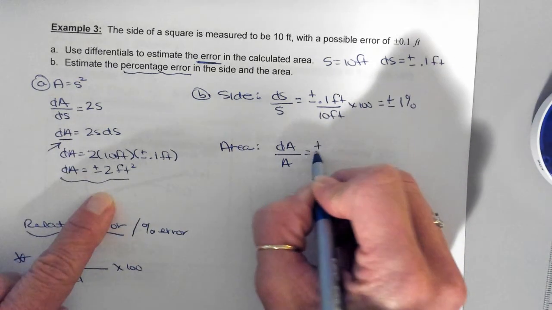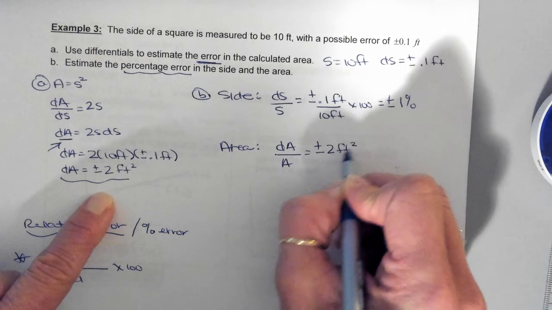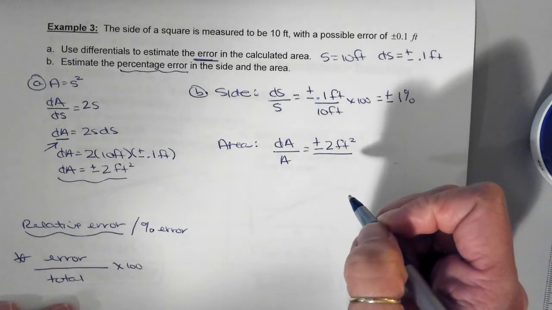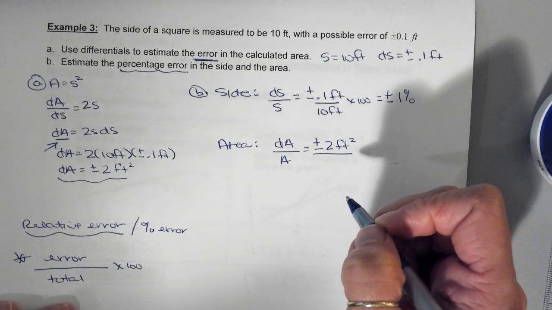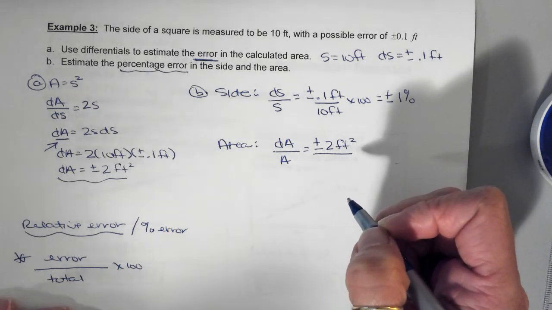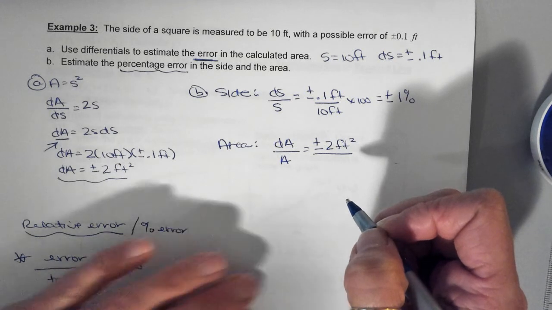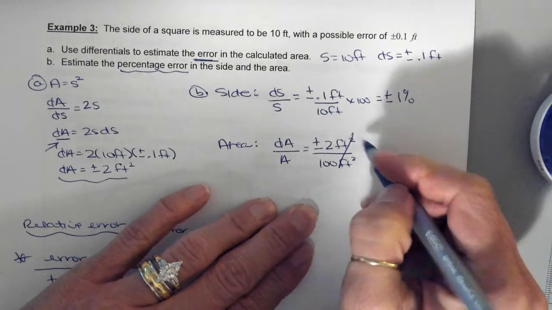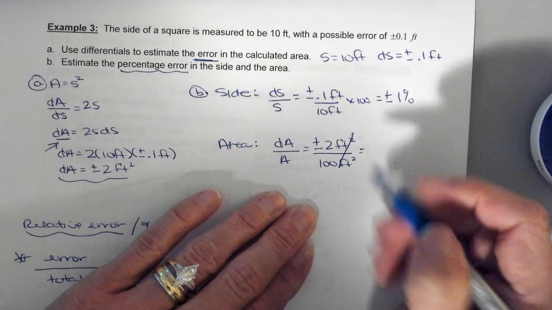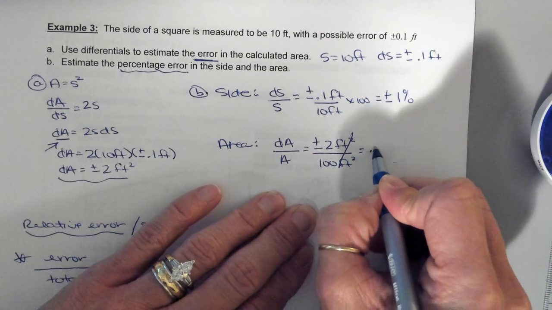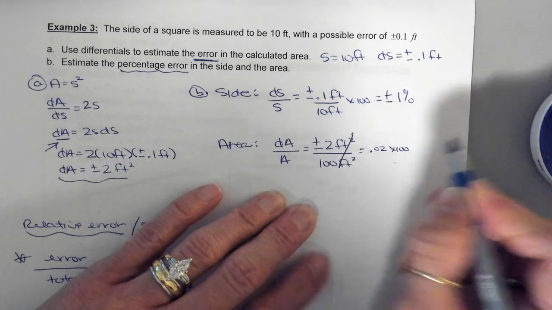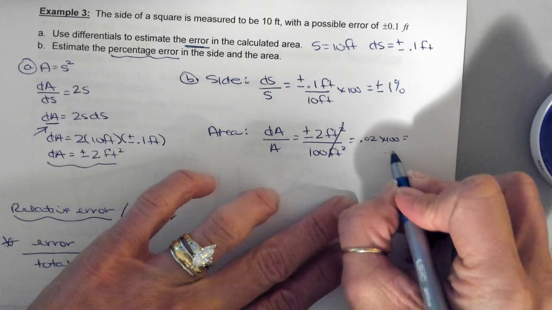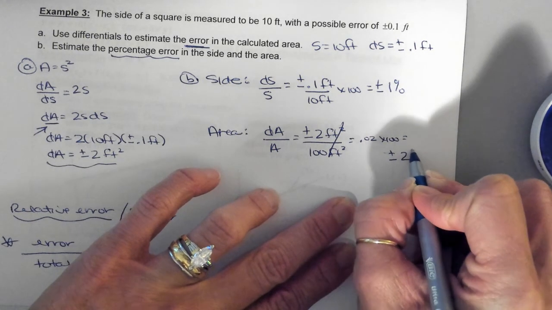So we have plus or minus 2 square feet divided by, do I know what the area is? You can find it. Yeah, it's 100 square feet, right? It's 100 square feet, so these are gone. So what's 2 divided by 100? 0.02 multiplied by 100. I mean, that's kind of repetitive, right? So then this is what? Plus or minus 2%.